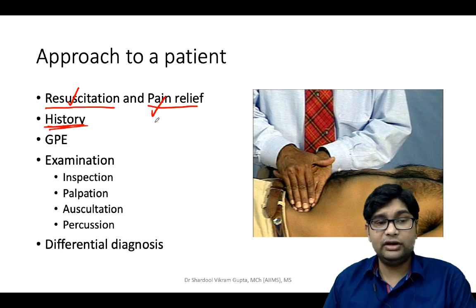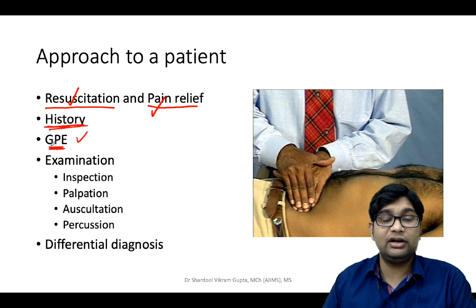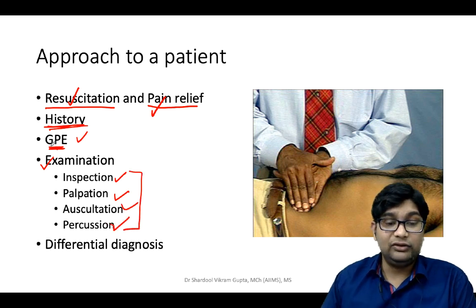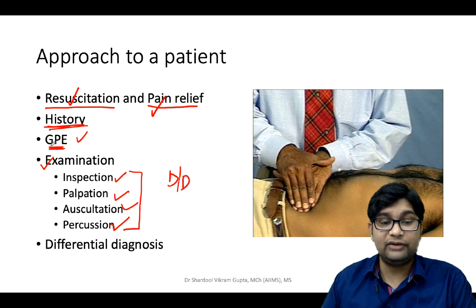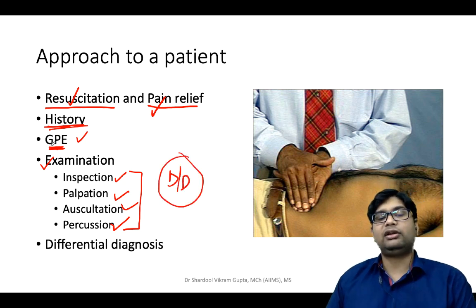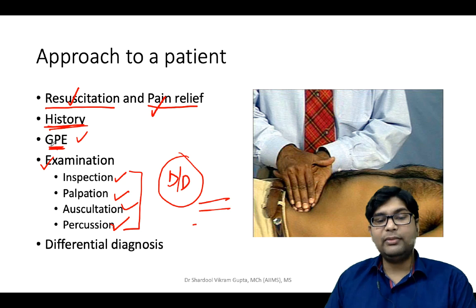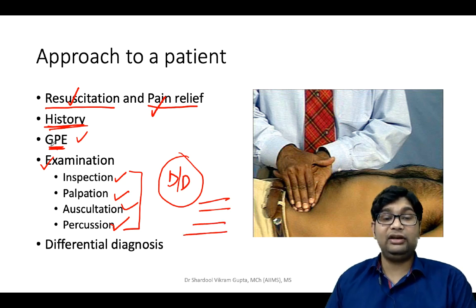And then you should go for general physical examination, which I have already taken in the class, and then examination of the abdomen in inspection, palpation, percussion and auscultation manner. Once you do all these things, then you should make a list of differential diagnoses. Based on this history, what are the differential diagnoses? So making a diagnosis is an art.